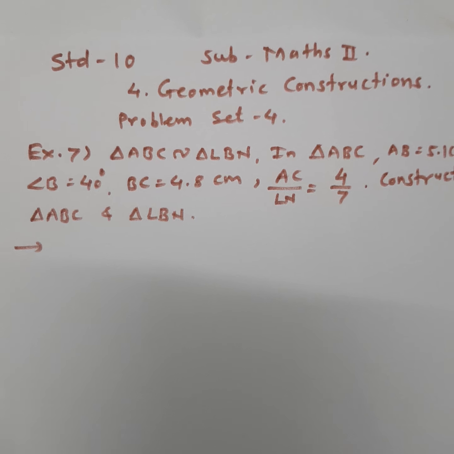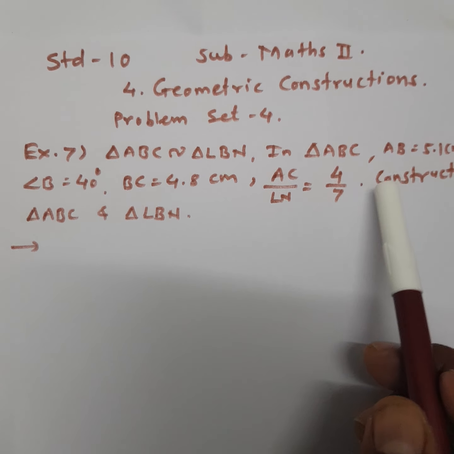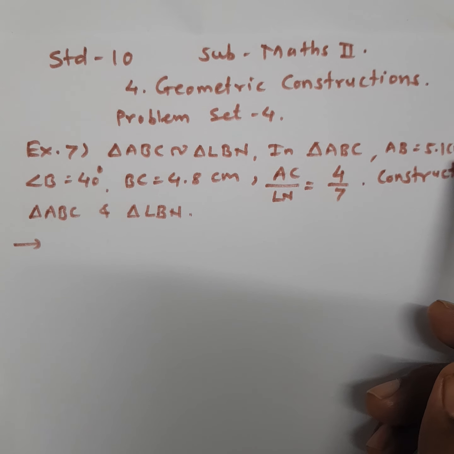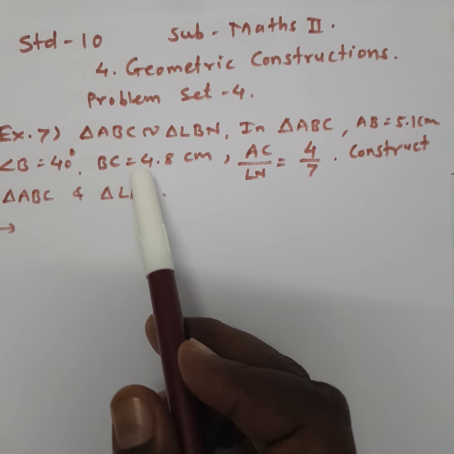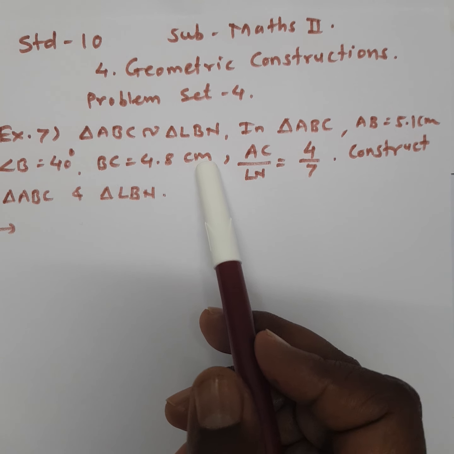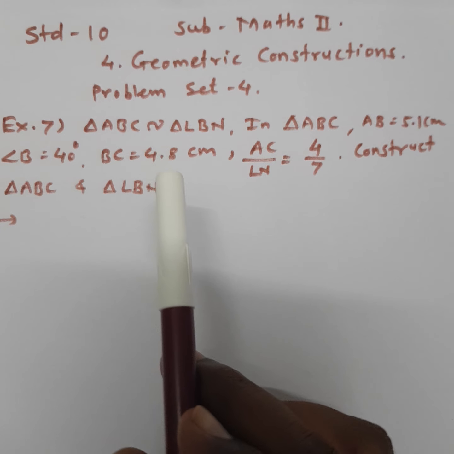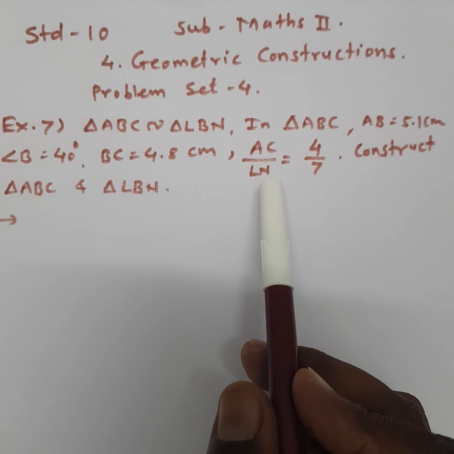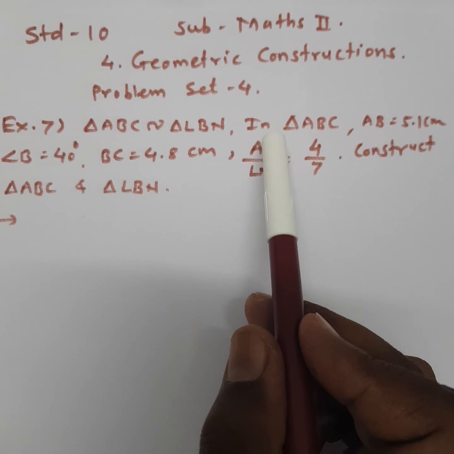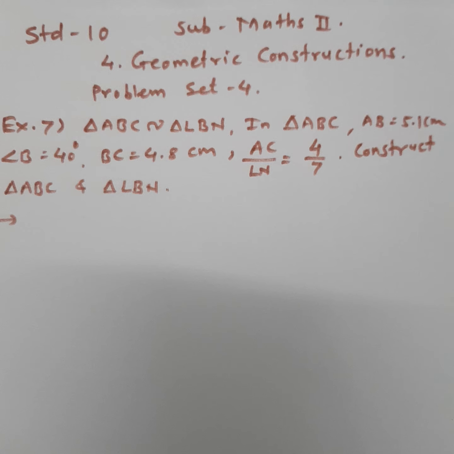Triangle ABC, similar triangle LBN. In triangle ABC, AB is equal to 5.1 centimeter, angle B is equal to 40 degree and BC is equal to 4.8 centimeter. Means two sides and the angle between them is given. Then AC upon LN, that is the ratio of the corresponding sides, is 4 upon 7.